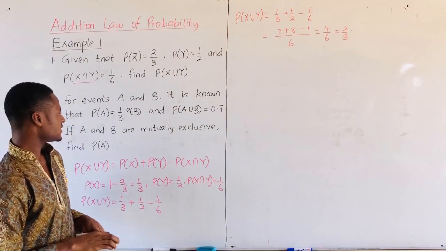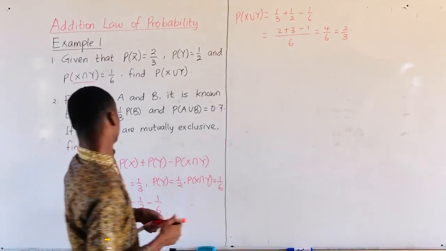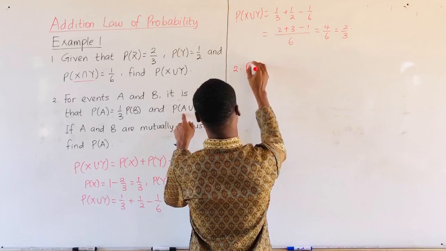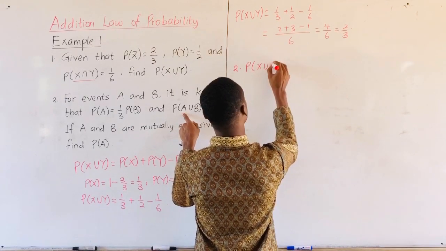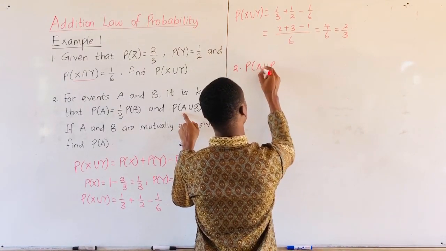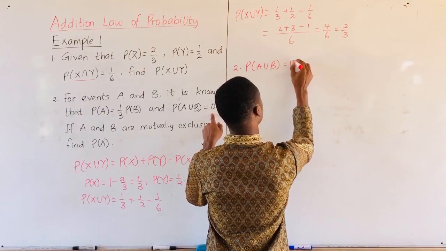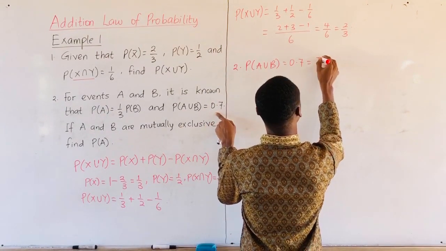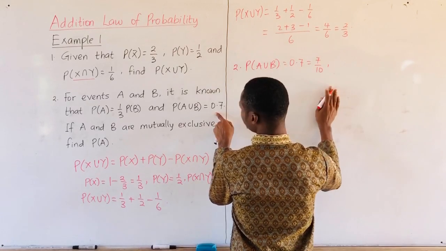Now let's take the second example. We are given the following data. We are given probability of A union B as 0.7, which will give us 7 over 10 in fraction form.